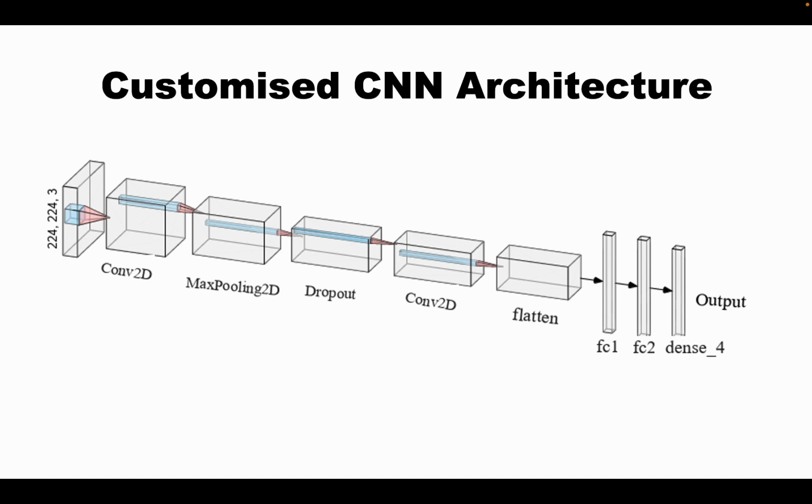The first and second layers are max pooling layers with a pool size of 4x4, applied twice, with a dropout rate of 0.8 after the first and third convolutional layers to prevent overfitting.